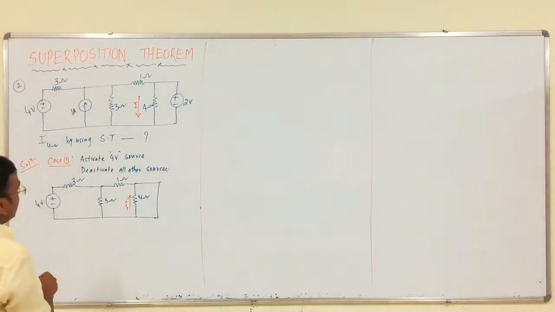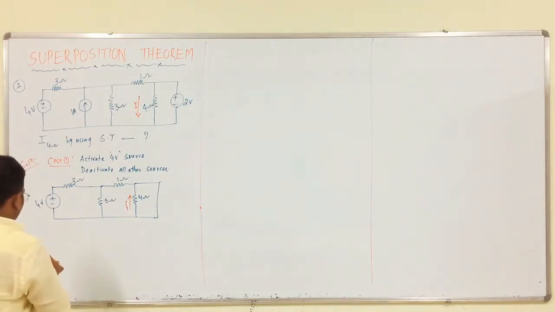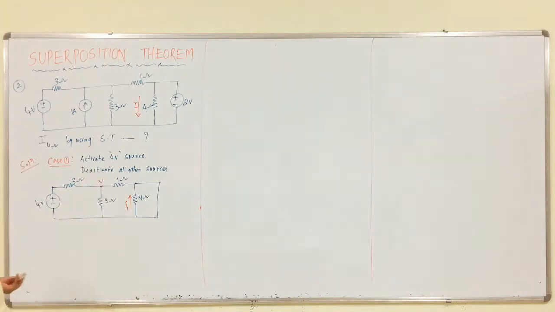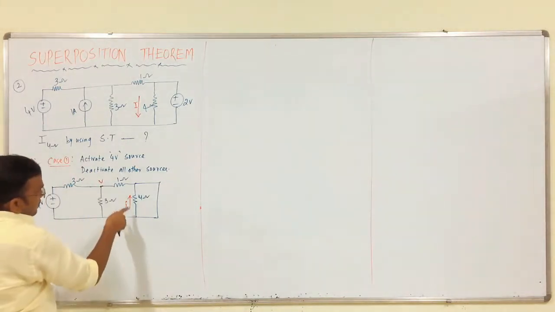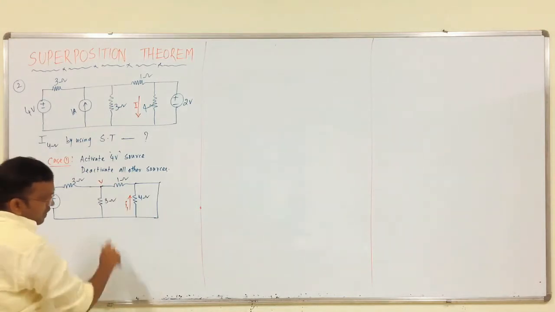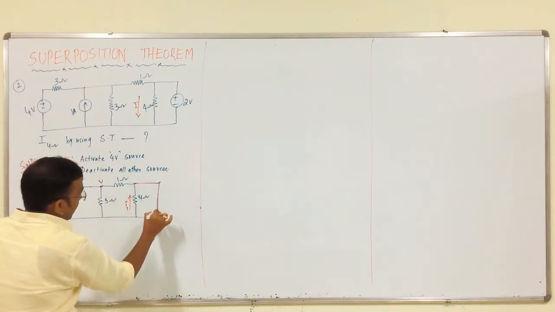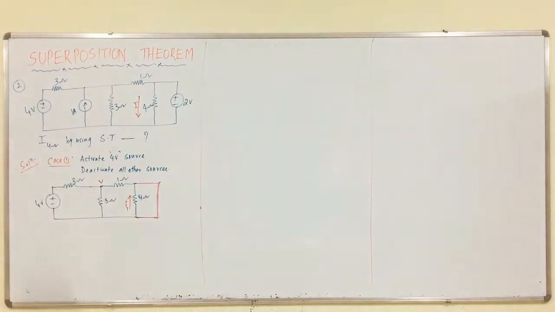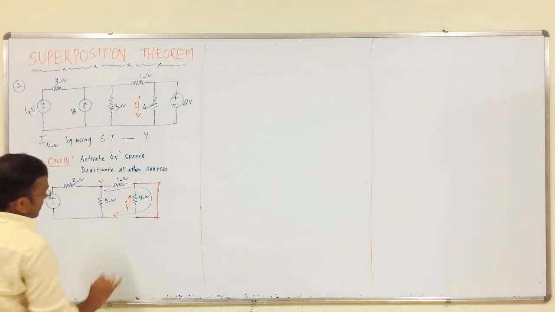Then, to calculate the current through this branch, we can use nodal analysis from this V. See, by seeing the circuit diagram, there is no current through this 4 ohm branch. Why? Because from here to here we have a short circuit path, so the current goes like this.